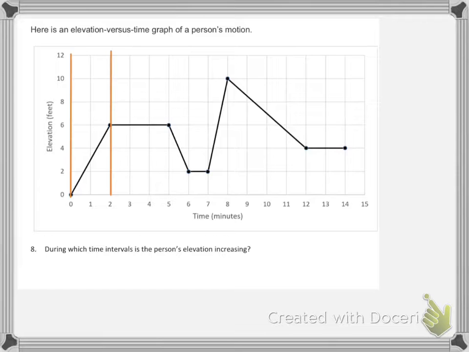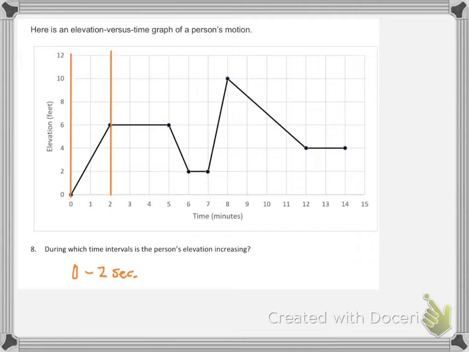That is an increasing elevation. During that time period, 0 to 2, we go from 0 feet of elevation to 6 feet of elevation. So the first time interval is from 0 to 2 seconds. That's a period of increased elevation.